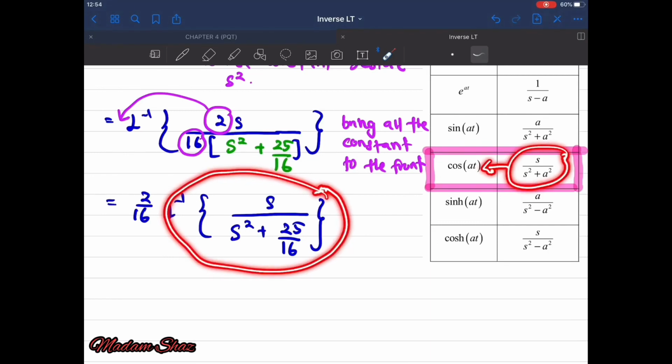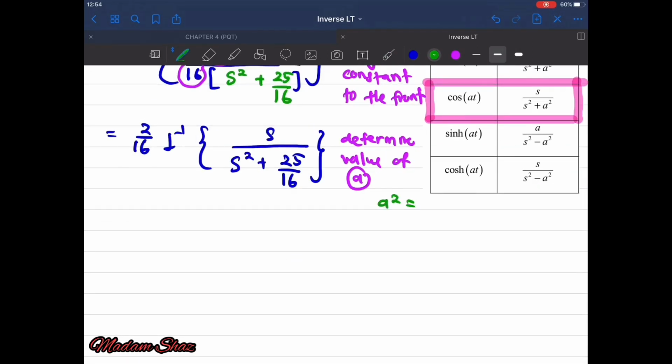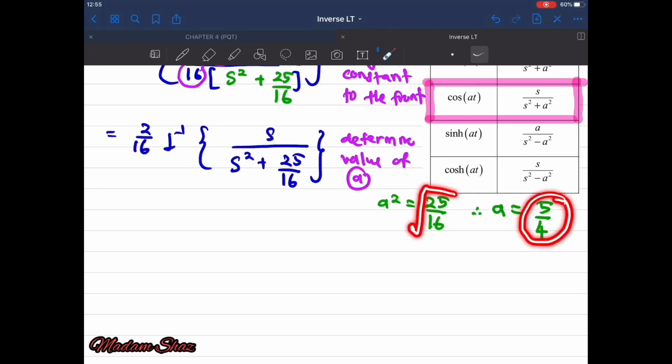Now you have to determine the value of a from the 25 over 16. a square is equal to 25 over 16. Therefore a is equal to 5 over 4. We take the square root of 25 over 16, so it will become 5 over 4.